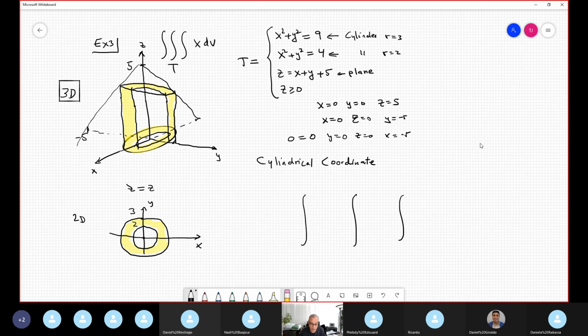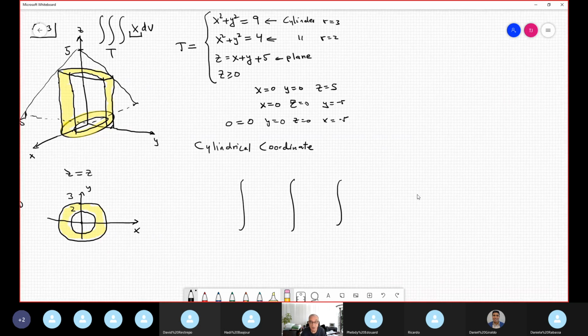Well, the integrand function is x. And you don't write x because you're switching everything to the new coordinates. Remember, we're switching x, y, z to C, r, theta. I know x is equal to r cosine theta.